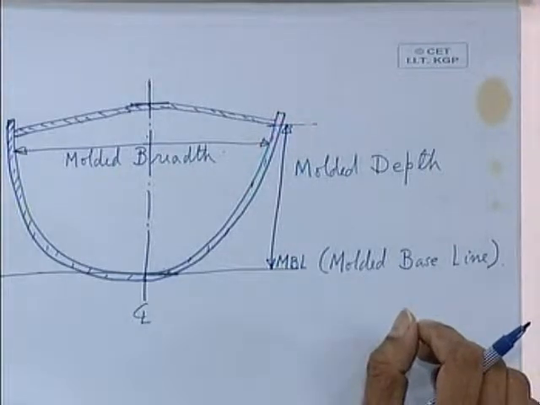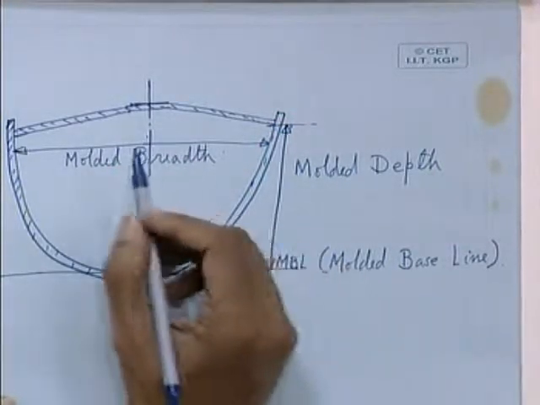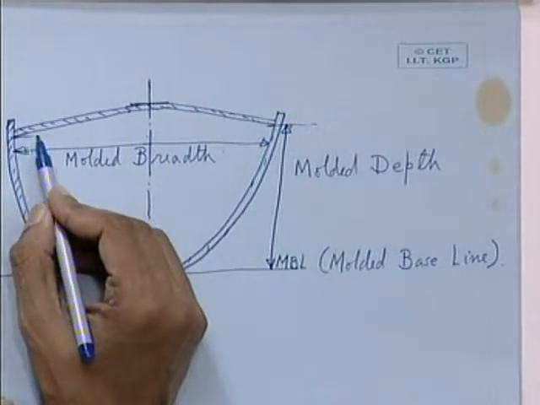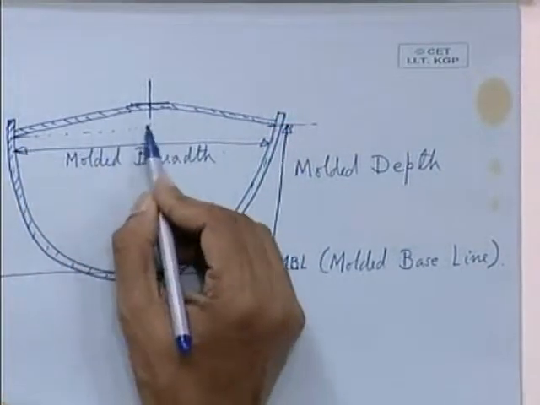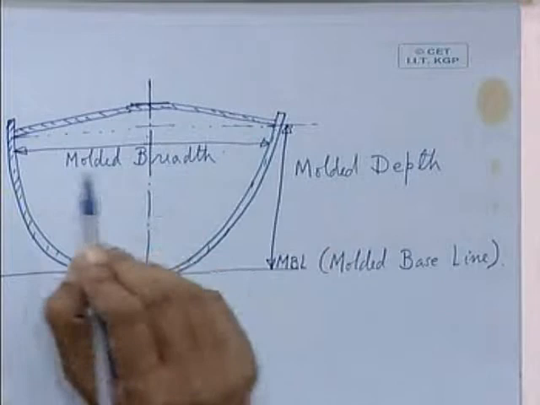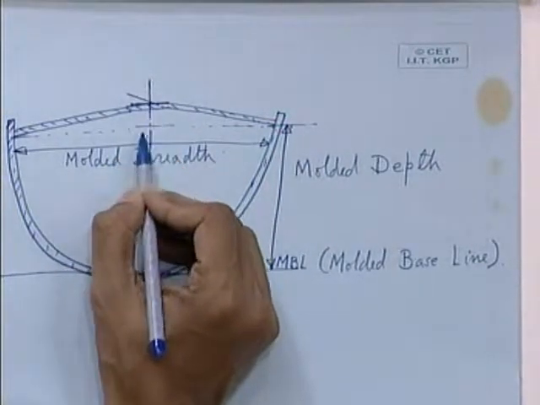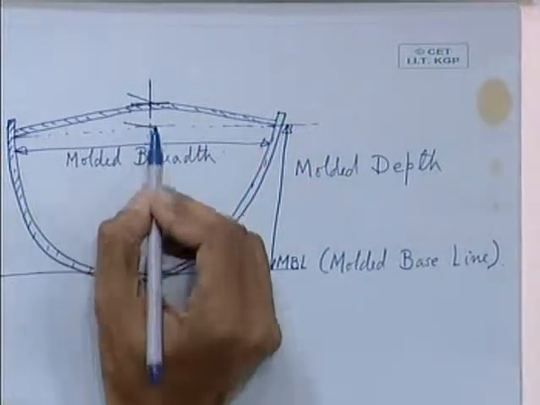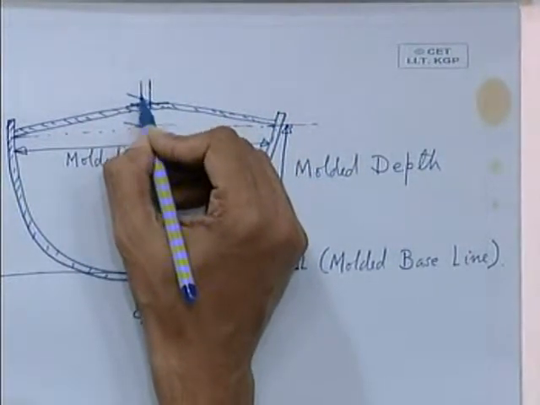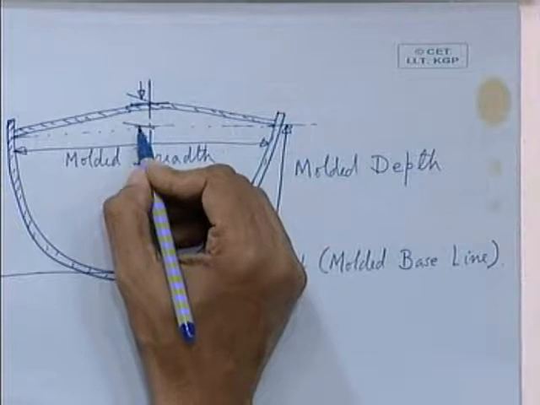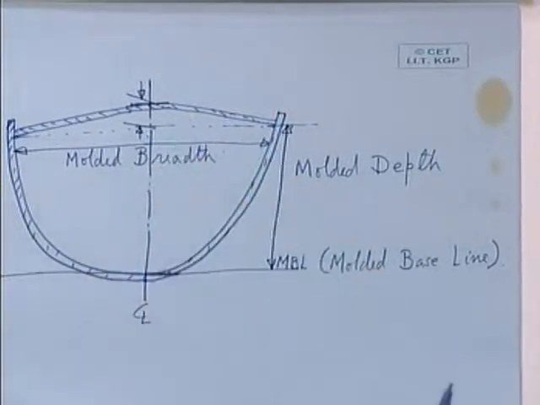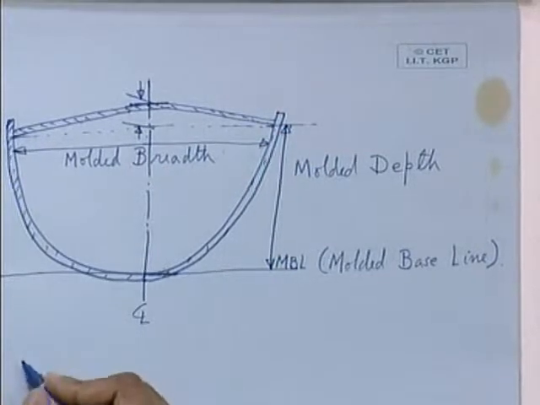Now here there is another point which one should remember, called the camber of the deck. I think you must have come across this term. That is the difference in the height of the deck at center and the deck at side. So that is called the camber.